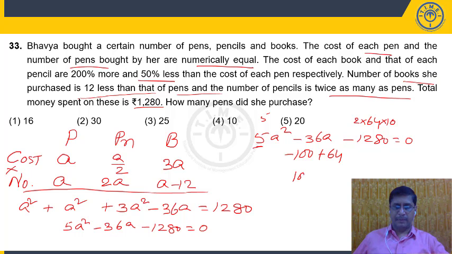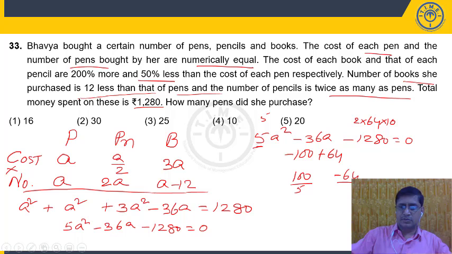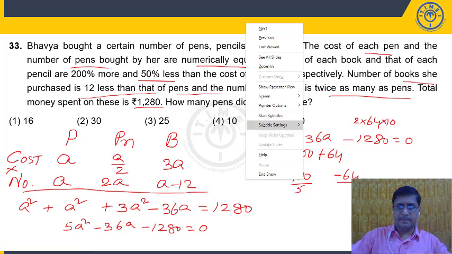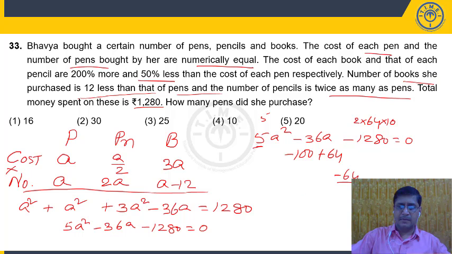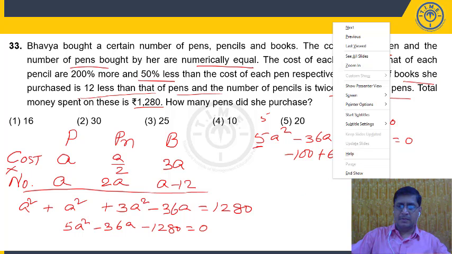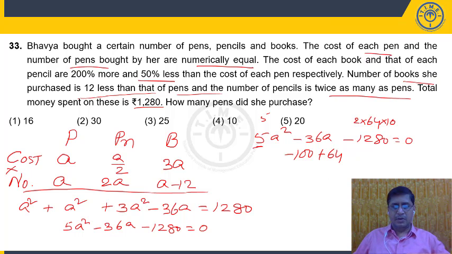Roots are the same numbers with opposite sign divided by the coefficient of A square. Same numbers with opposite sign means 100 by 5 and minus 64 by 5. So that is exactly 20.